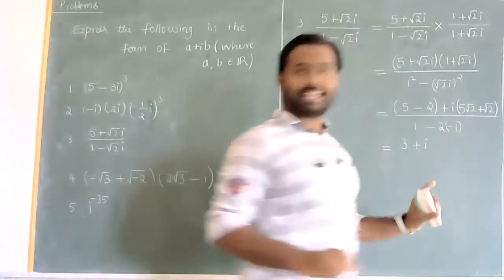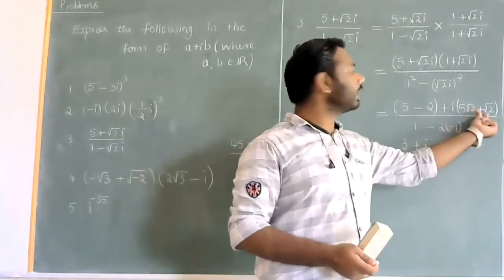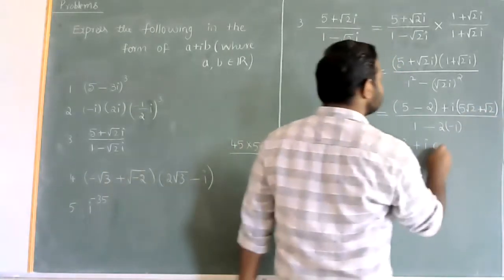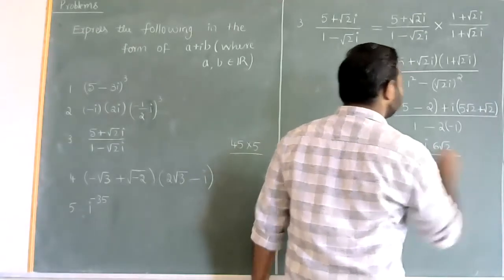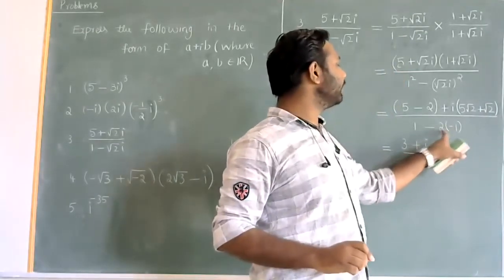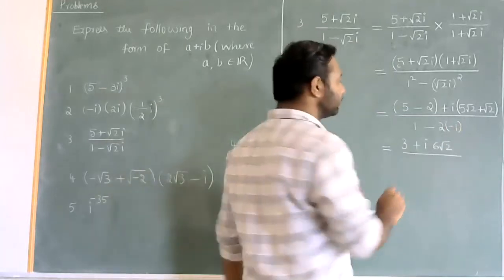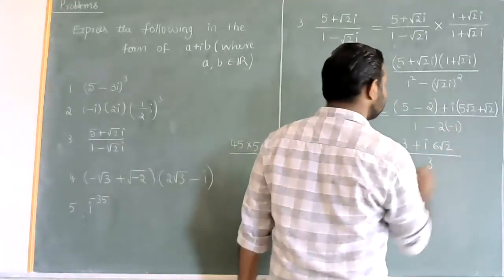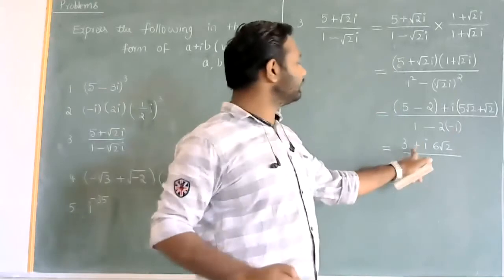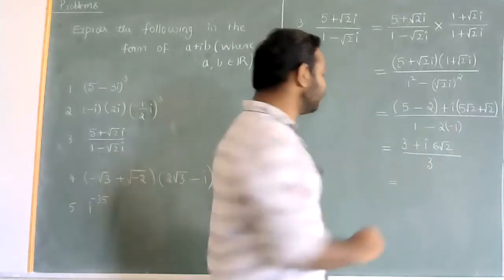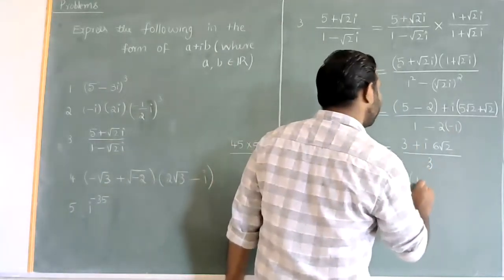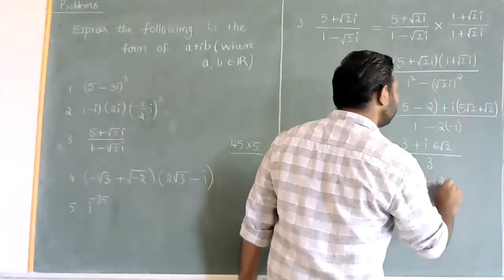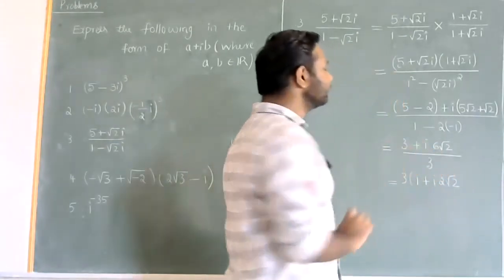These are like surds, so you can add them. So it is 6 root 2 divided by, minus 1, minus 2 into minus 1 is plus 2, 1 plus 2 is 3. Or you can take 3 common in the numerator. So 3 into 1 plus i 2 root 2, because 6 is 3 into 2.